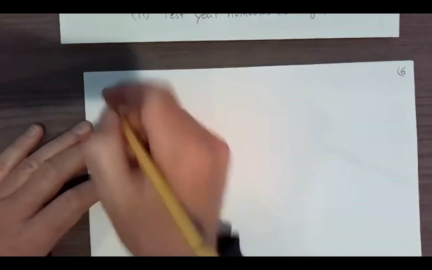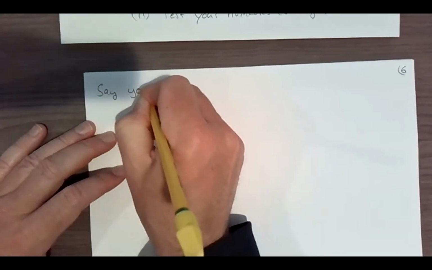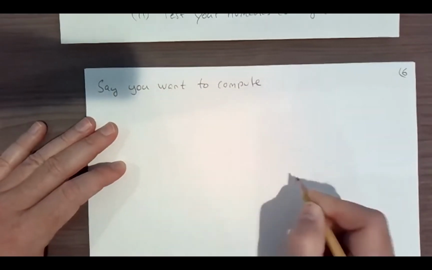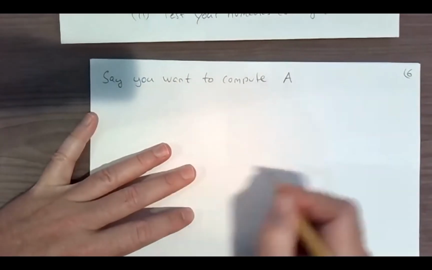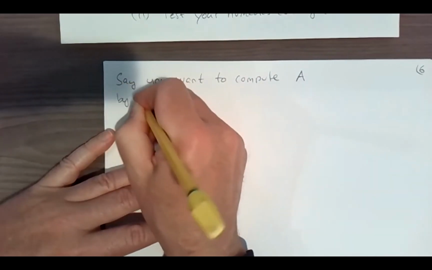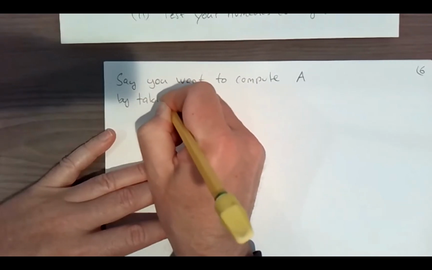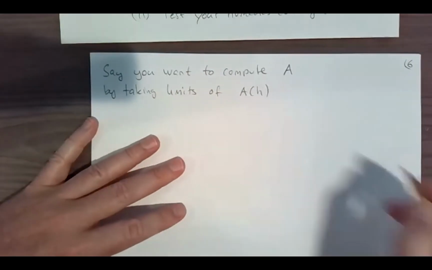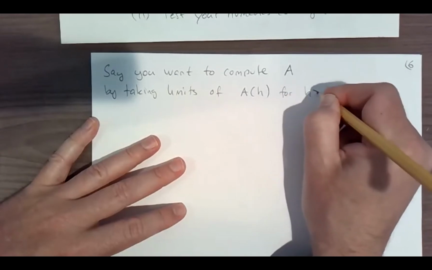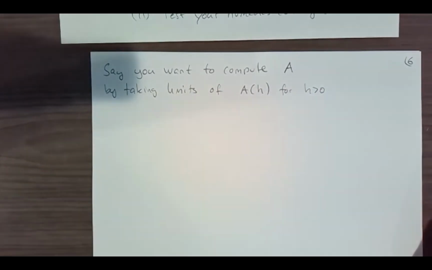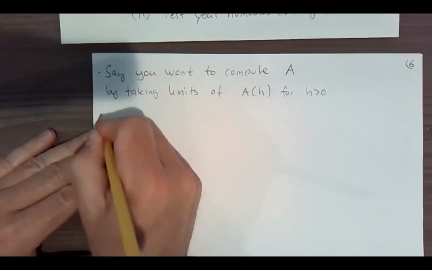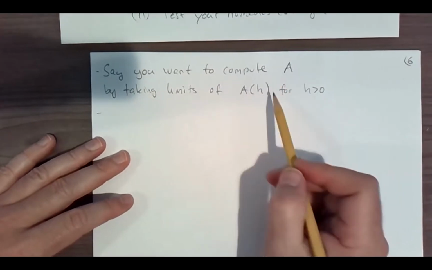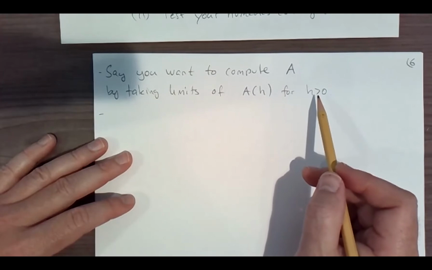So say you want to compute A by taking limits of an approximation A(h) for h positive. So A is some quantity you want to compute, and you want to take limits of an approximation where you have this discrete parameter h positive in there.